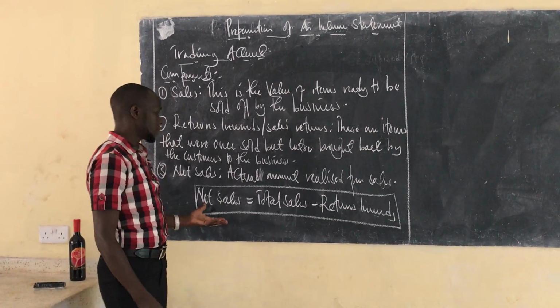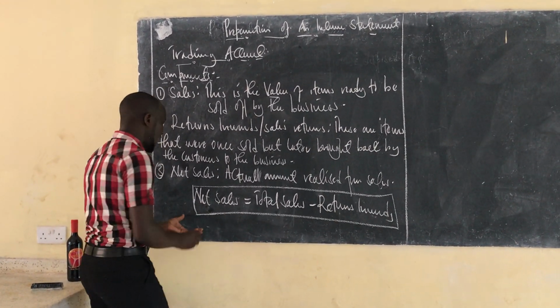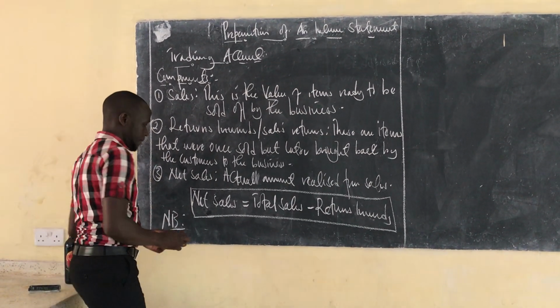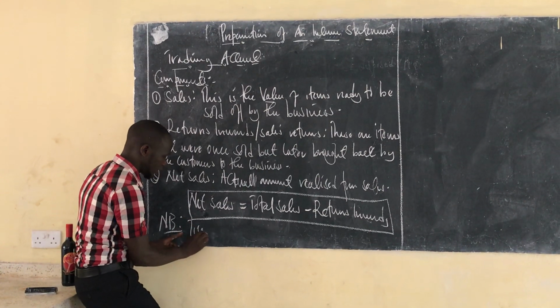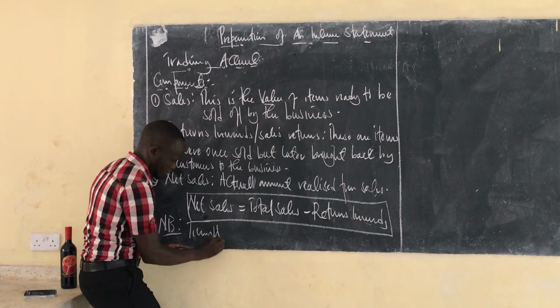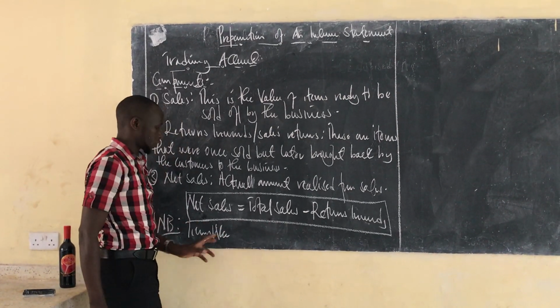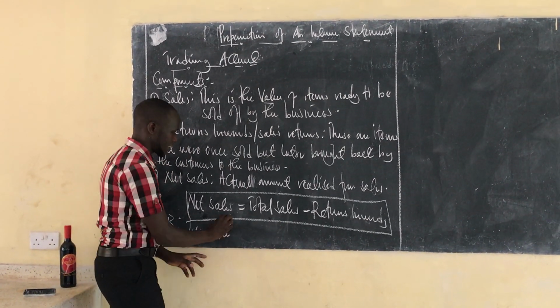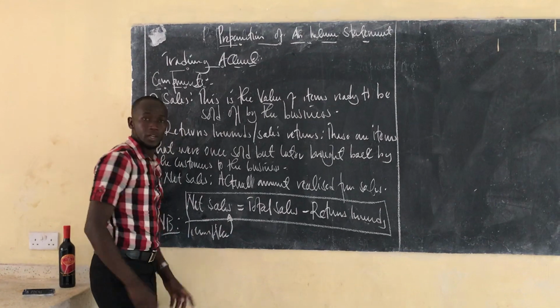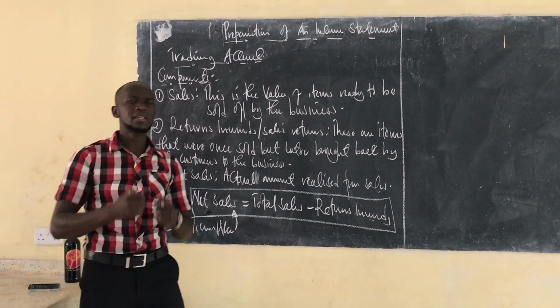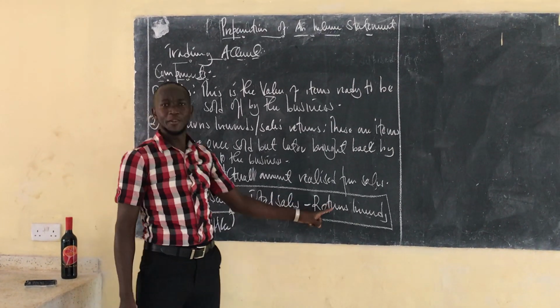So if a question comes and they want you to calculate turnover, turnover is also referred to as net sales, or it is exactly equivalent to net sales. I'll give you an alternative formula for turnover in case you don't have return inwards.